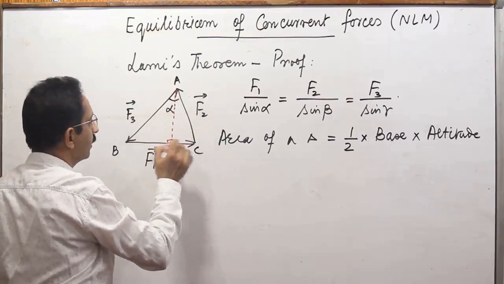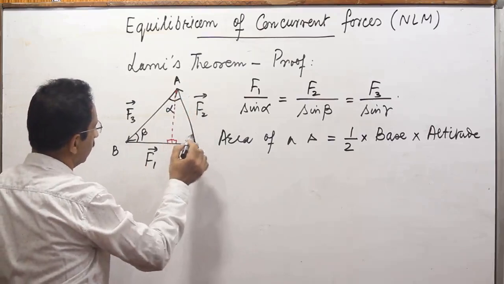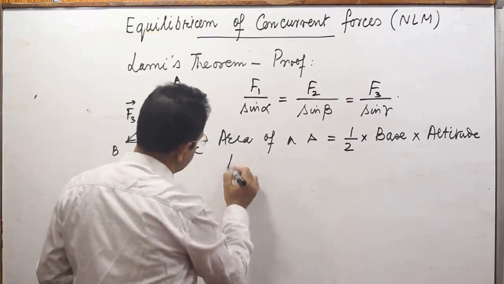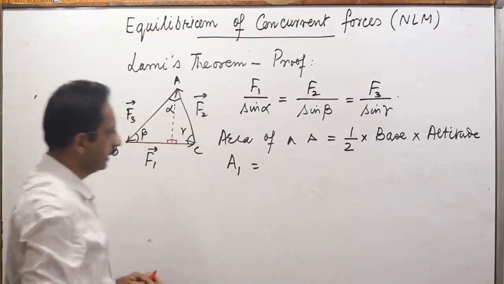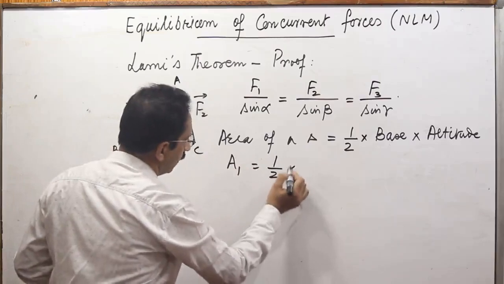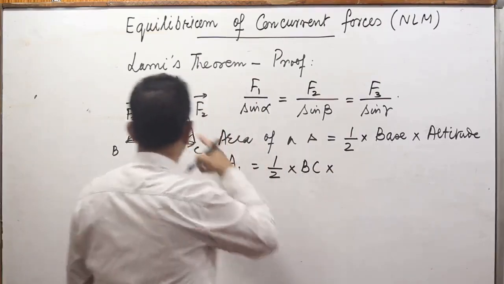This is the perpendicular. तो ये आपके पास है alpha, this angle is beta, and this angle is gamma. So let's find out, call this area as A1.